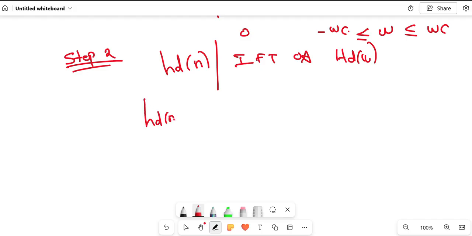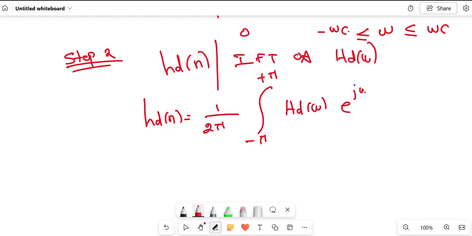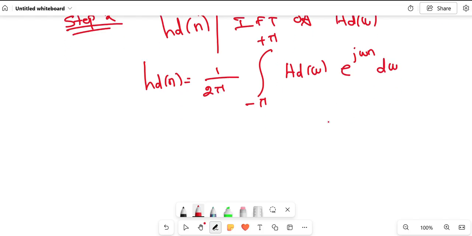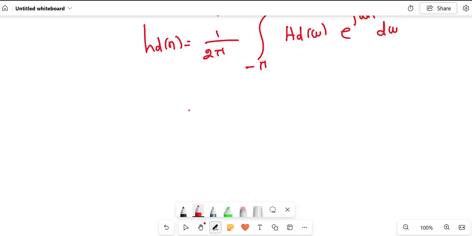Hd of n is equal to 1 by 2 pi, minus pi to plus pi, Hd of omega e power j omega n d omega. Carefully you have to apply the limits and integrate.